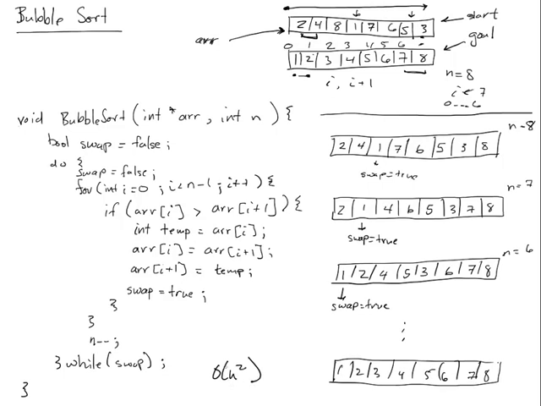So this means as n grows, if we had a graph and this is n and this is the amount of time that the algorithm takes, we're going to see that this is an exponential curve. And we don't really want our algorithms growing at an exponential rate. What we'd really like is if we could have a constant algorithm.